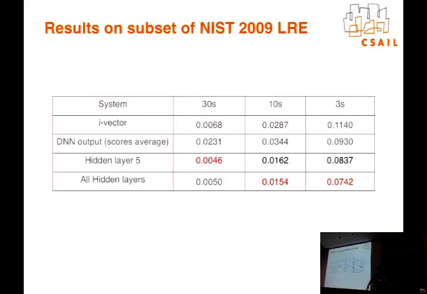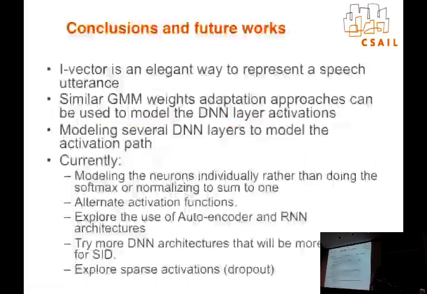So perhaps we should conclude. As I said, the whole history went from i-vectors from means to i-vectors from weights, and then ended up working on DNN activations using the subspace. There are different ways to accumulate the statistics. Here we just average or sum over time.